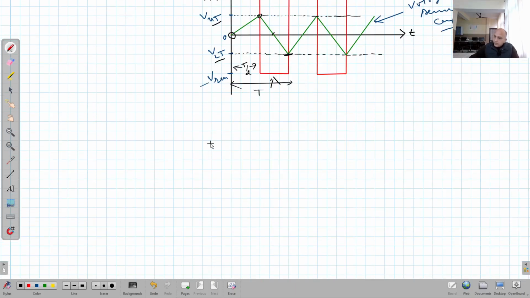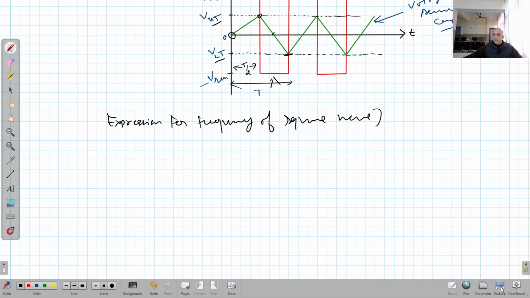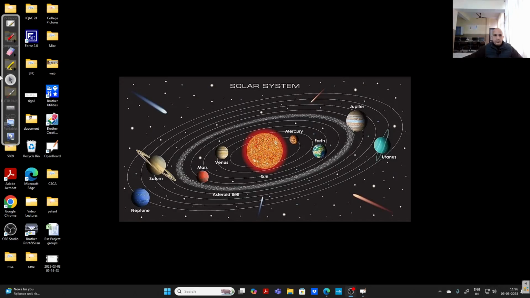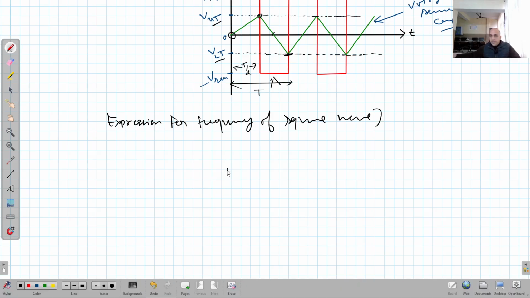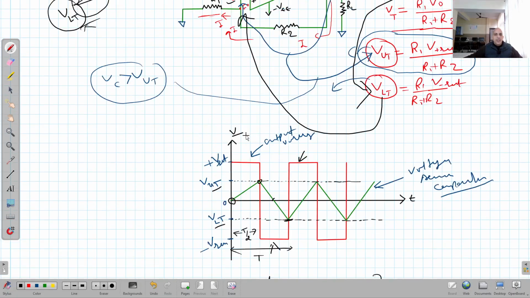Expression for the frequency of a square wave. To find the frequency, we will take the help of charging and discharging of the capacitor.